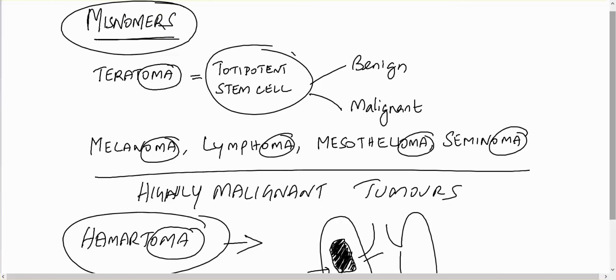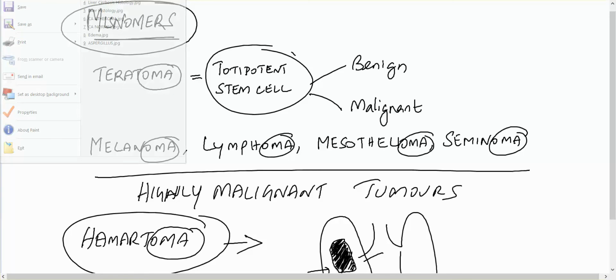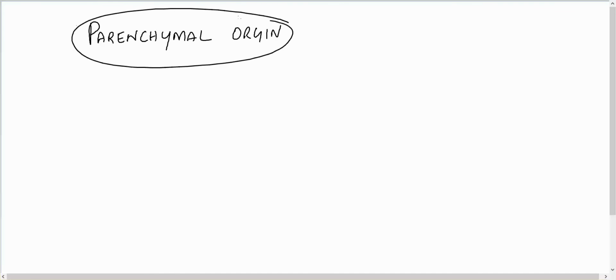So now let us discuss certain nomenclatures of malignant tumors. Again, the malignant tumor can come from parenchymal origin, which means from epithelium. If the tumor comes from parenchymal origin, in the suffix we put the word carcinoma.